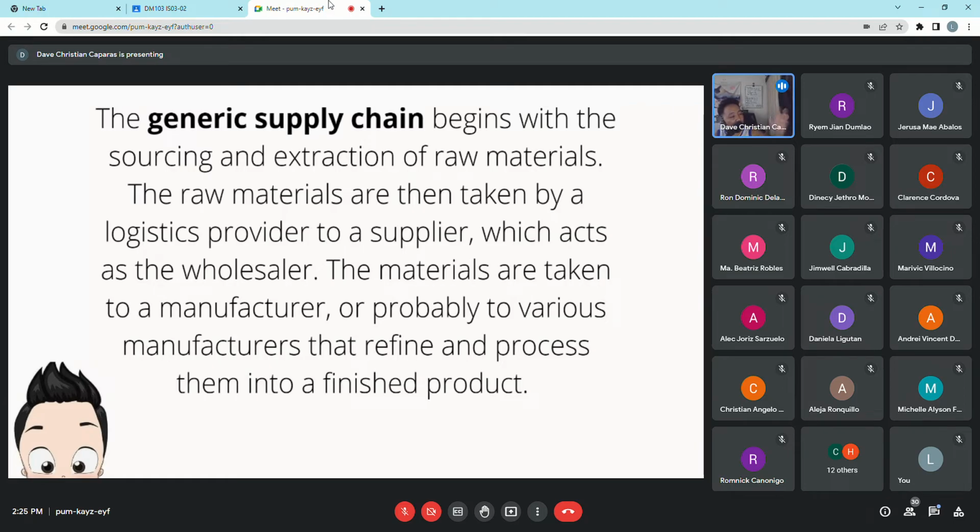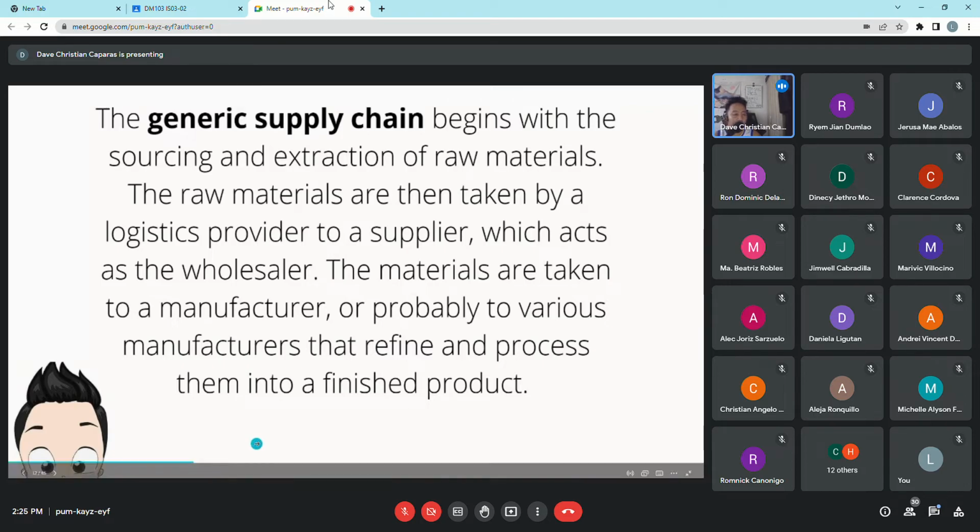Kunwari, nakuha nila ganito kalaking shape, gusto nila mas maliliit, so i-refine nila yon. Pero, ang initial refinement ay mangyayari kay supplier. And then, after that, the raw materials will then be transformed, no? The process yan for it to become a finished product.